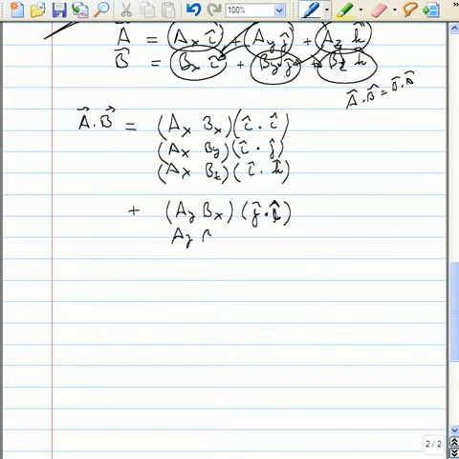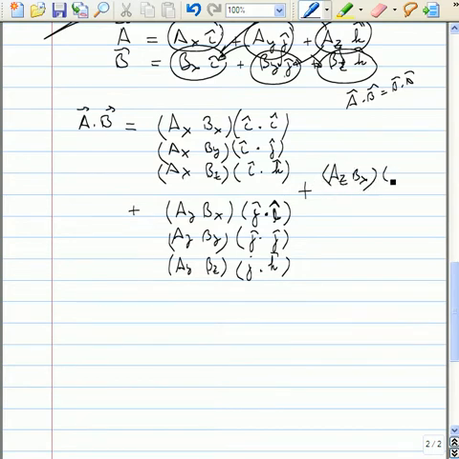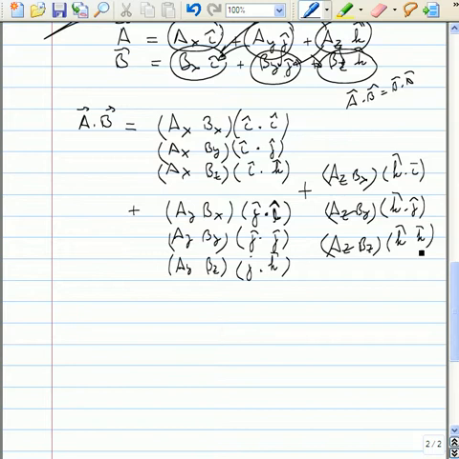Second term AY BY j dot j. Last term AY BZ j dot k. And then the last three. AZ BX k dot i, AZ BY k dot j, AZ BZ k dot k.